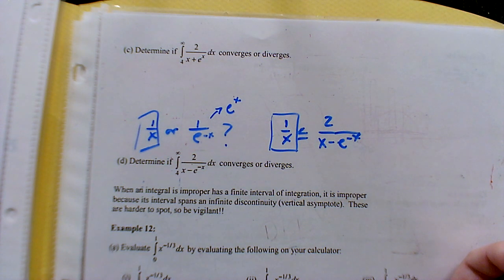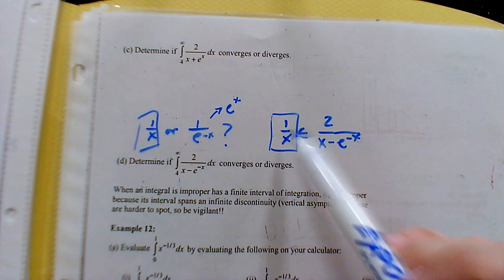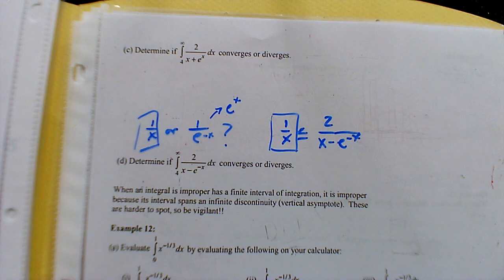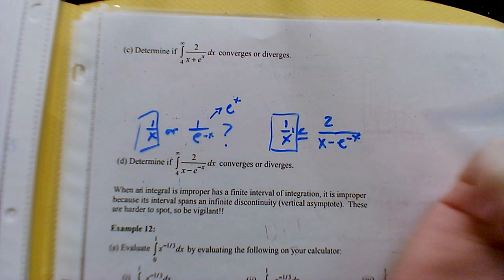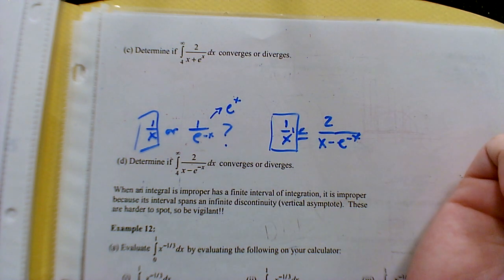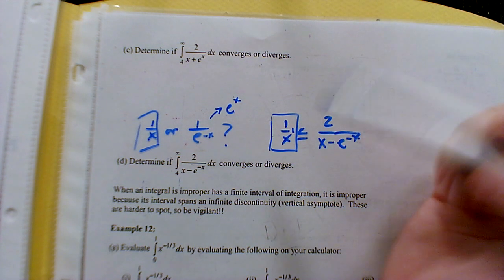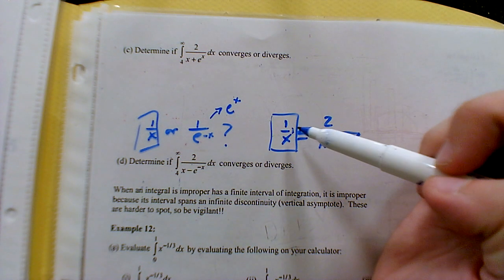Since p equals 1, doesn't it diverge? It diverges. This is actually the last function, the barrier. If it has a power of 1 or less, it diverges. Anything higher, it converges. So this is the barrier in terms of the power.